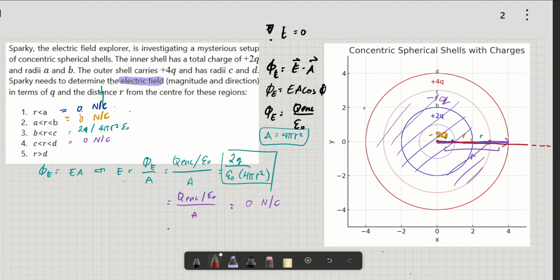We can use this latter part here, and our Q enclosed would be 4Q plus 2Q, which is 6Q, multiplied by our epsilon naught 4 pi r squared. It can be calculated, especially when you have r and your Q. So for r greater than d, your electric field is given as 6Q divided by our constant 4 pi epsilon naught r squared.